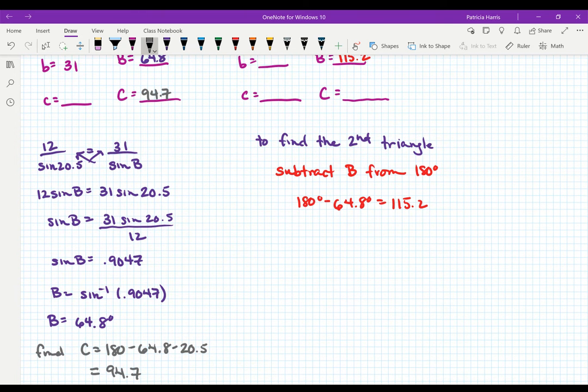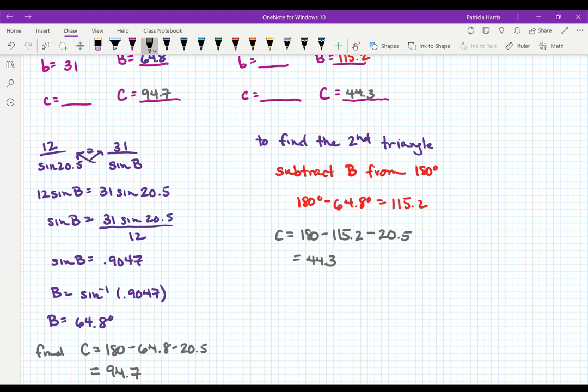Okay, for the second triangle, okay, so 44.3.